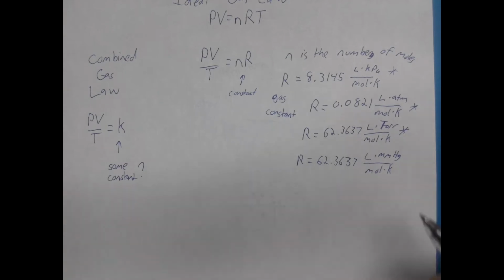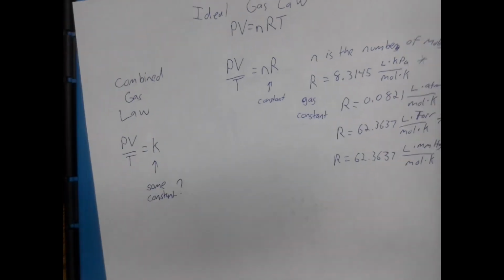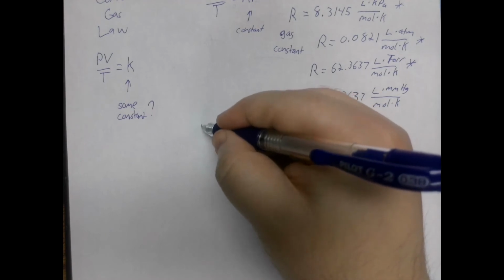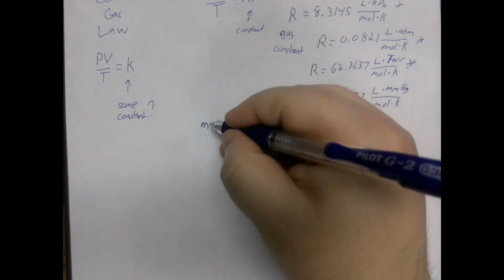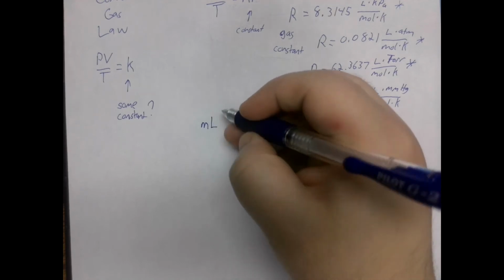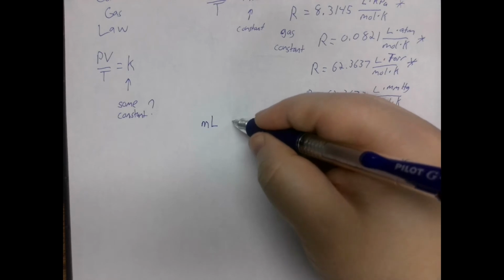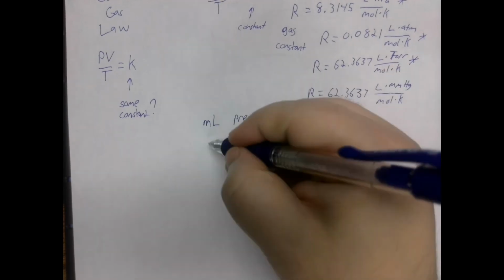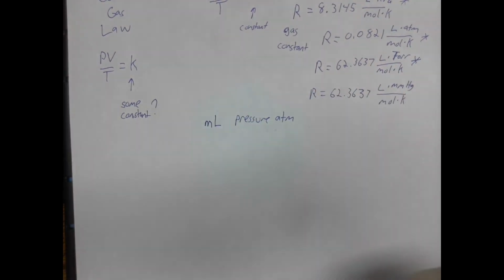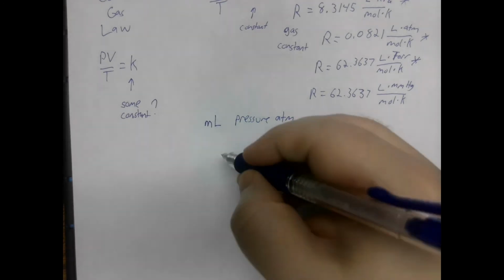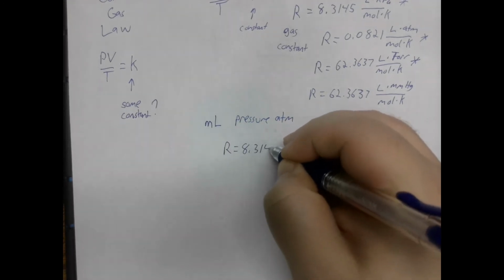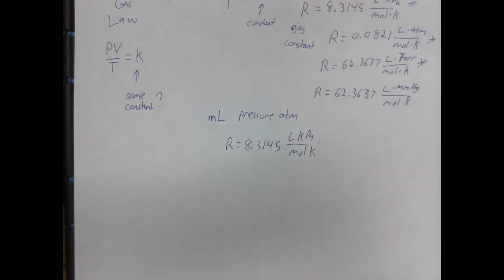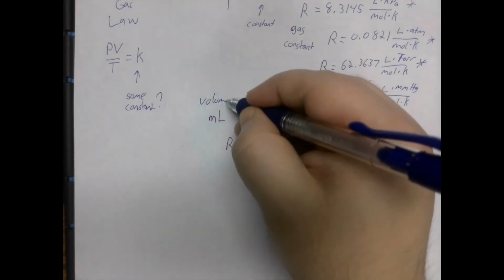Note, if I were to give you volume in milliliters and pressure in atmospheres, and I told you that R is equal to 8.3145 liters kilopascal per mole Kelvin, what would you have to do?